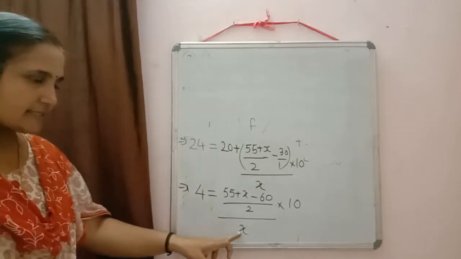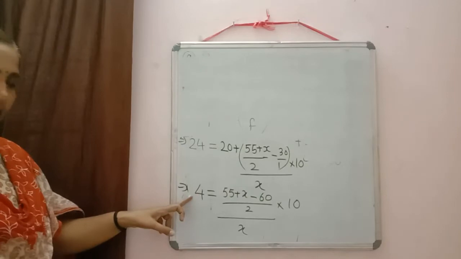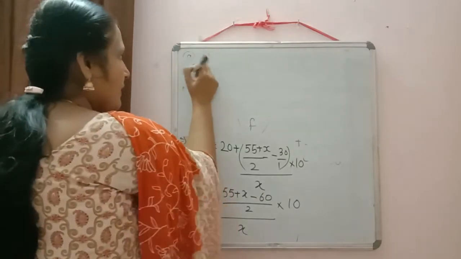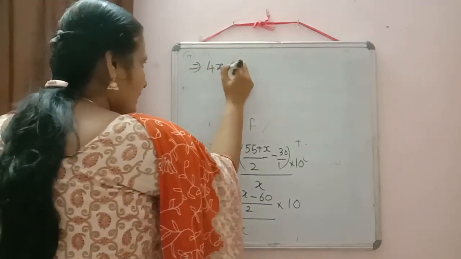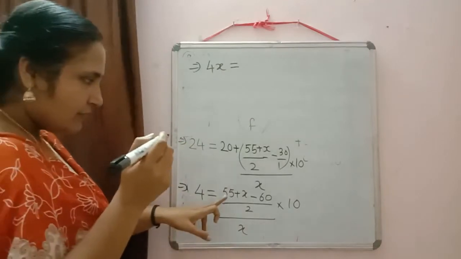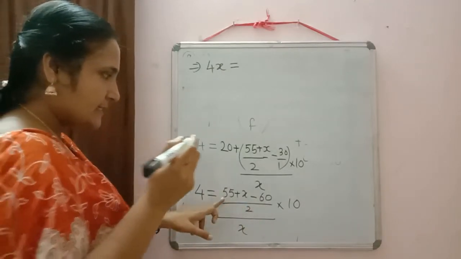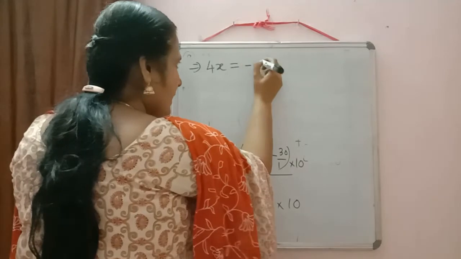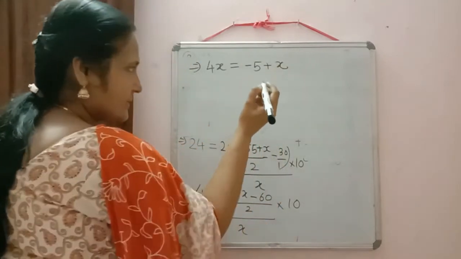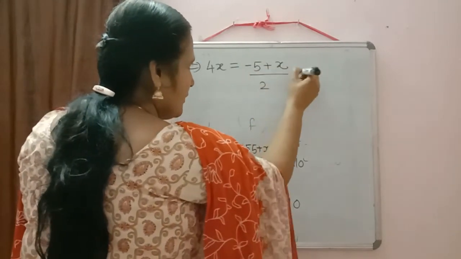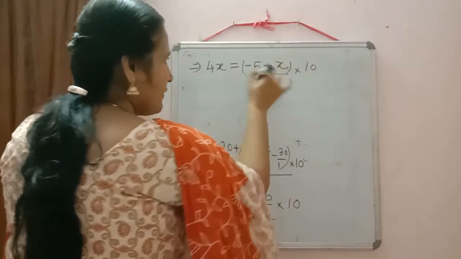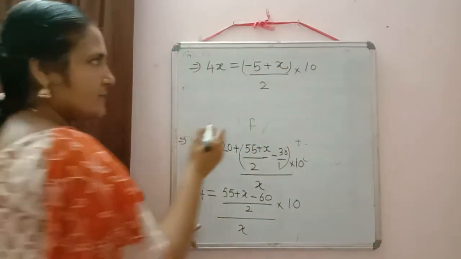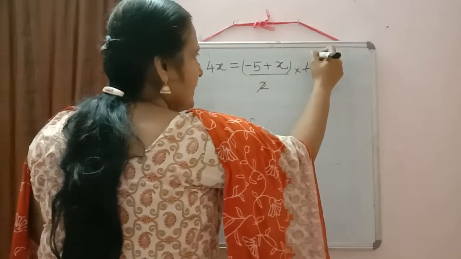So here x is divided. When you change the position here, it will get multiplied by 4. So we will get 4x is equal to, here 55 minus 60. So that will be equal to minus 5 plus x by 2 into 10. So minus 5 plus x we can put in bracket. So 2 and 10 will get cancelled here.